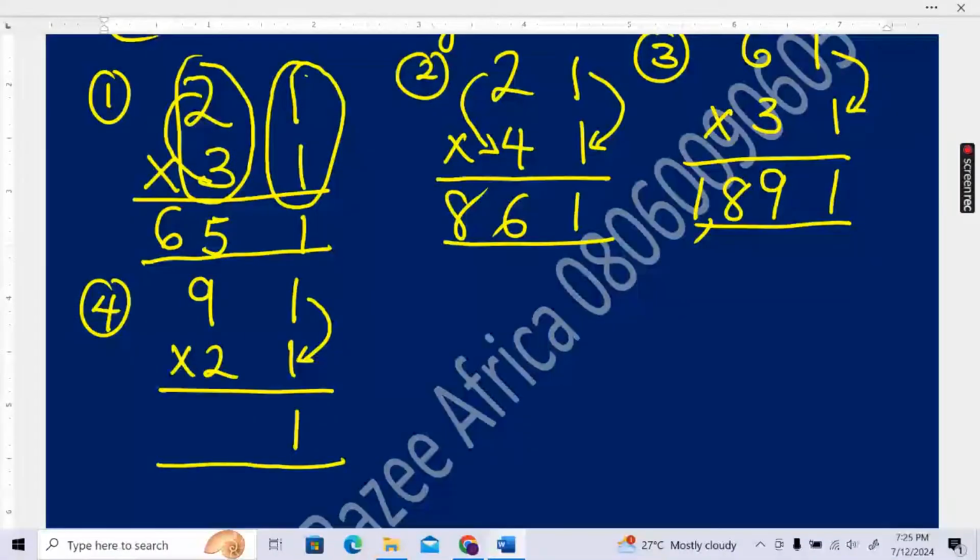We're going to add 9 and 2. 9 plus 2, that is 11. Write 1. Carry 1 over. Then we will multiply 9 by 2. 9 times 2 is 18. 18 plus the 1 that was carried is 19. So 19 will be written down. So 91 times 21 is 1,911.